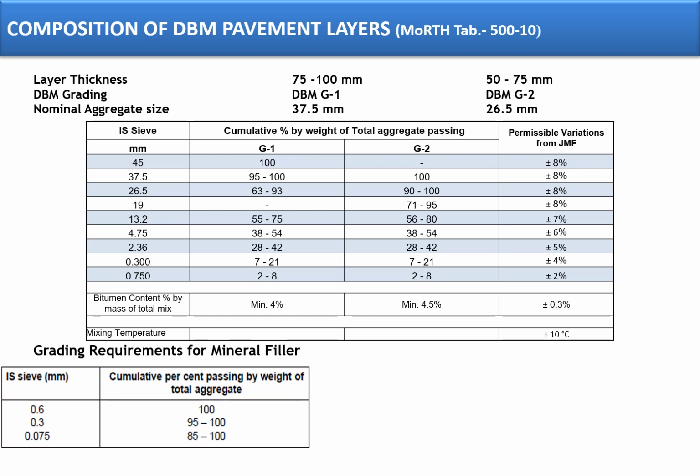So this is the combination of aggregates as well as the mineral fillers, if it is required to be added in DBM grade 1 or grade 2 as given in MORTH requirements.